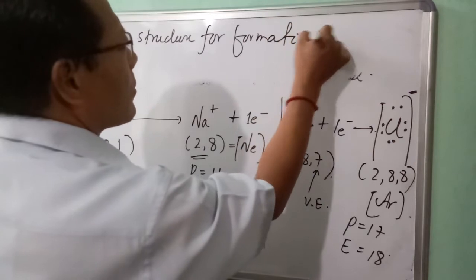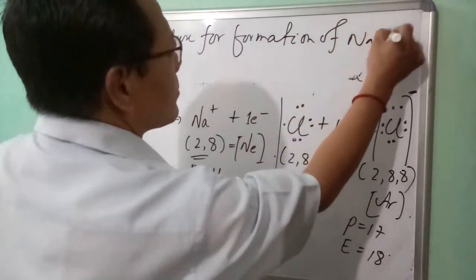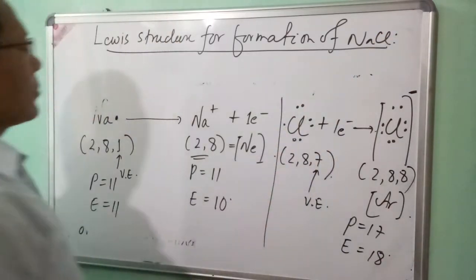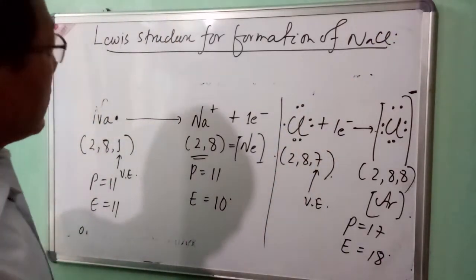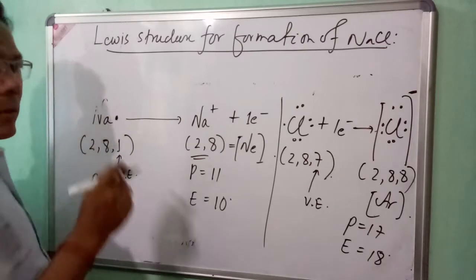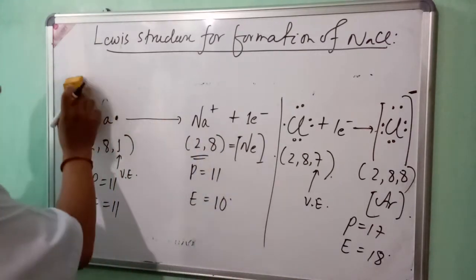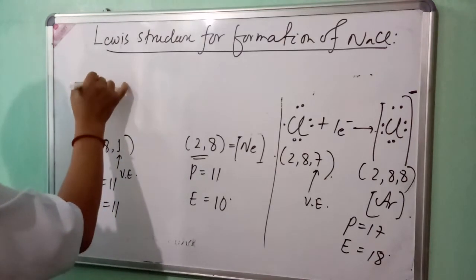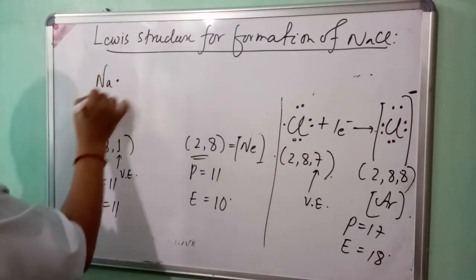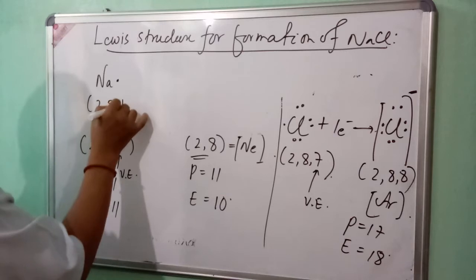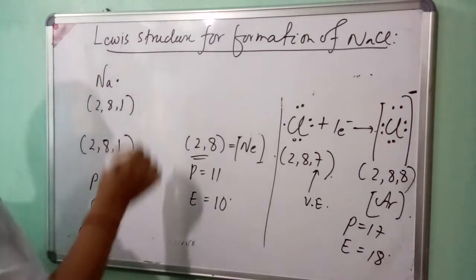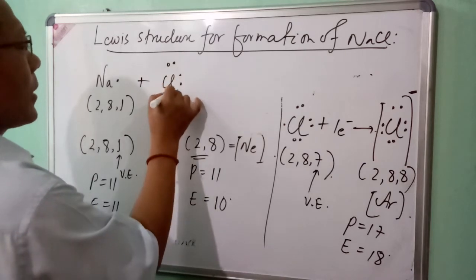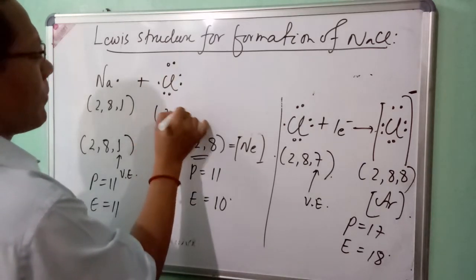In order to draw the Lewis structure, you write the Lewis symbol of the respective elements. You write the Lewis symbol of the sodium atom, which has 1 valence electron, and the Lewis symbol of chlorine, which has 7 valence electrons.